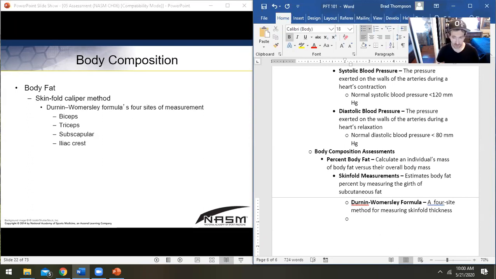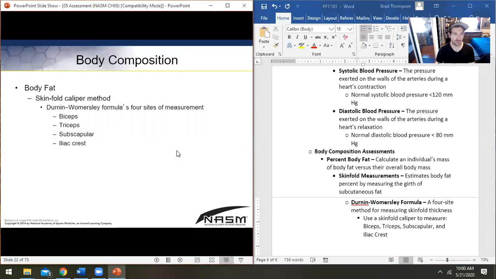So what you're going to do is use the skin fold caliper to measure their biceps, triceps, subscapular, and iliac crest. Okay.